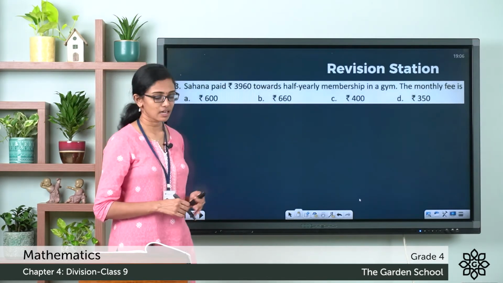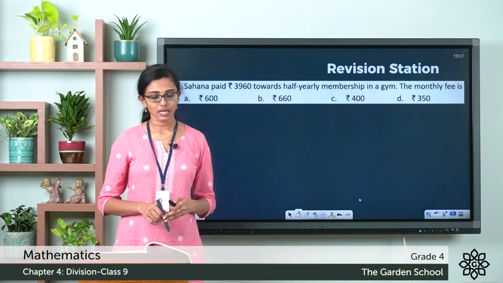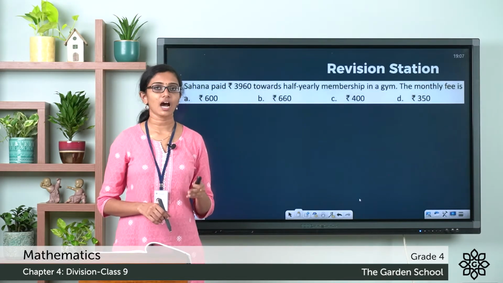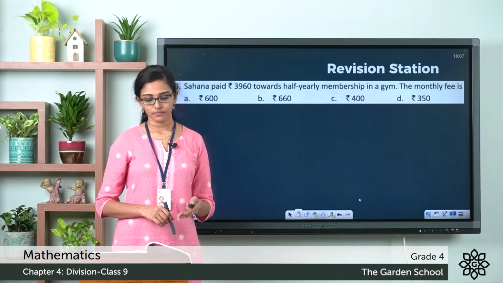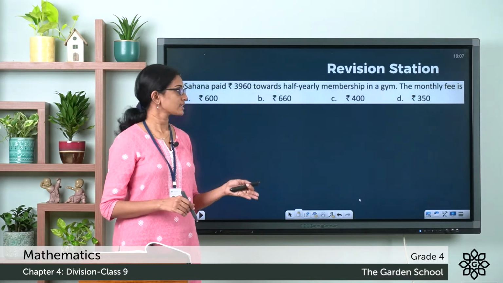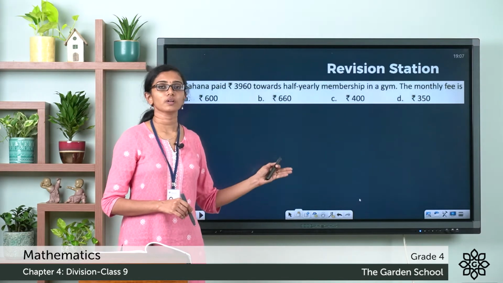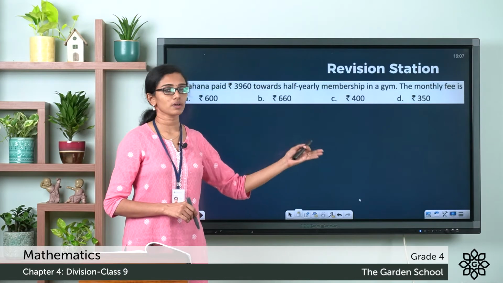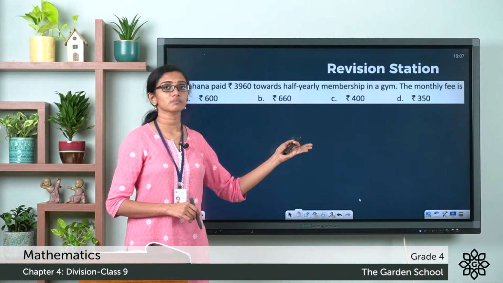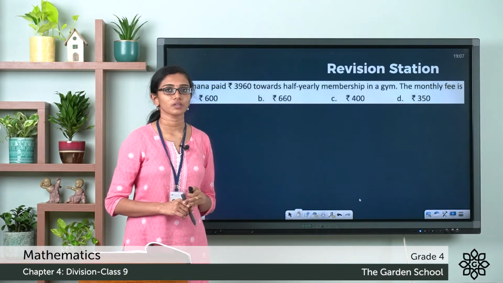It says Sahana paid rupees 3960 towards a half yearly membership in a gym. The monthly fee is. So in a year there are 12 months, so half yearly membership means it is for 6 months.